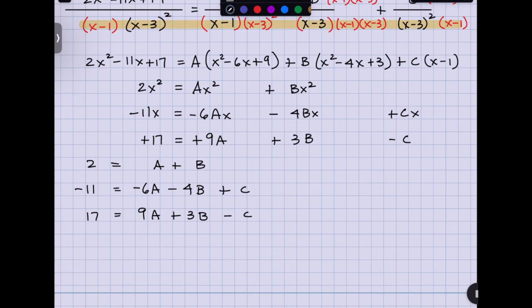Nothing I can solve for, yeah? But I do have 3 equations, 3 unknowns.